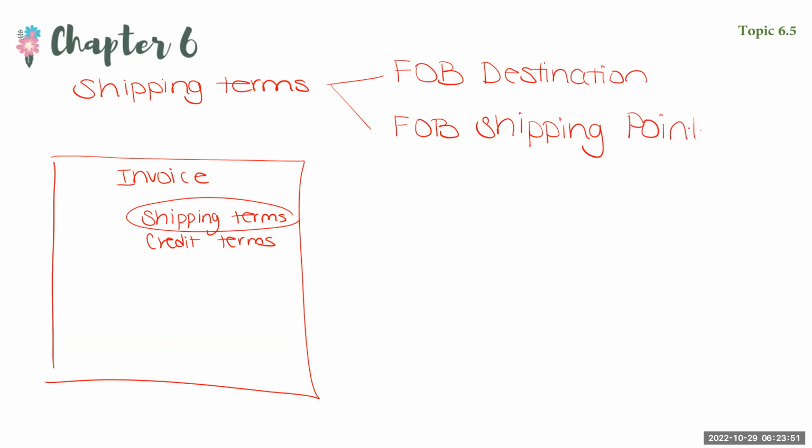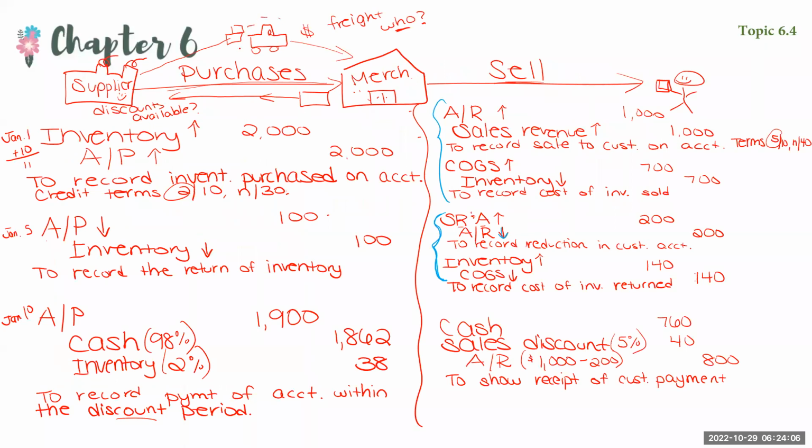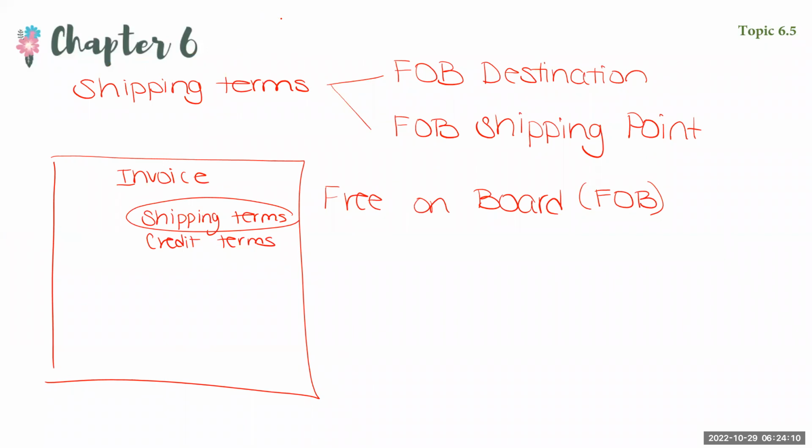Okay, so FOB stands for free on board. So that means that that inventory is going to travel on the carrier for free until a certain point, right? So destination, that's wherever the consumer picks.